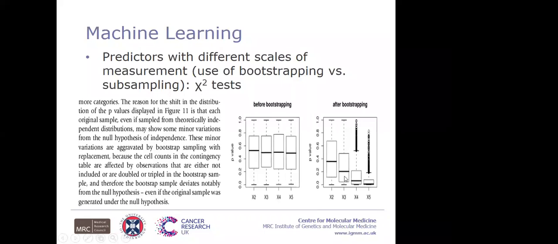But after doing the bootstrapping, you can see that the p-values, which are plotted here, you can see that for x5, which is the variable with 20 categories, the p-values are much reduced. And again, this is under the null, so we shouldn't see this. This is a problem. Whereas the binary one is slightly reduced, but not as much.